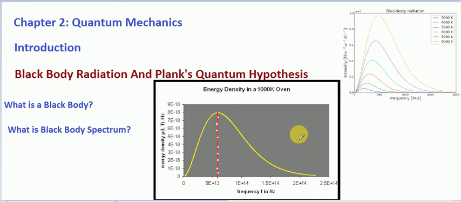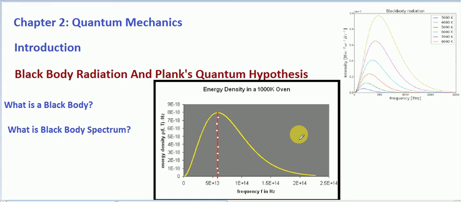A black body is an object that can emit waves of all frequencies, radiations of all frequencies. It can absorb all radiations falling on it. So, what is a black body? A black body can absorb all frequency radiations falling on it.